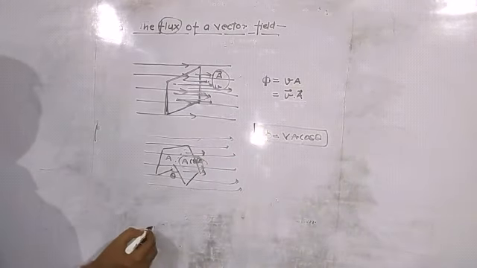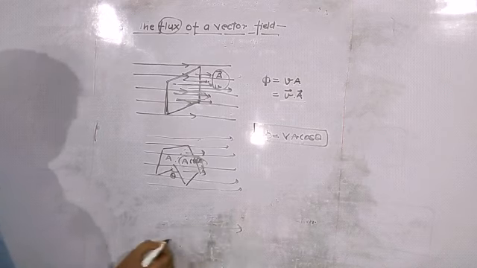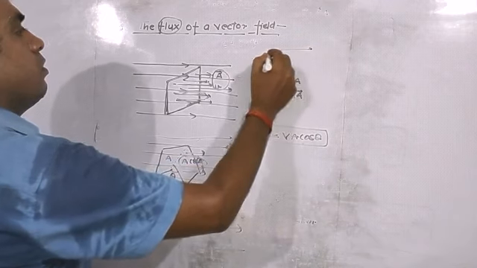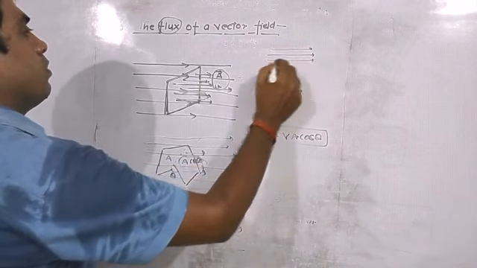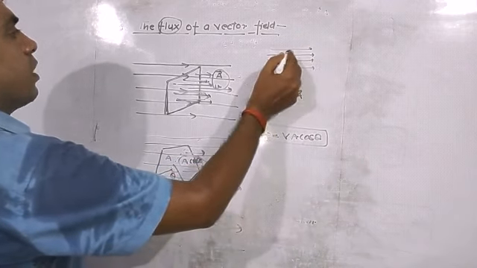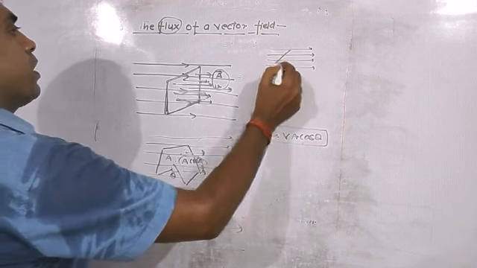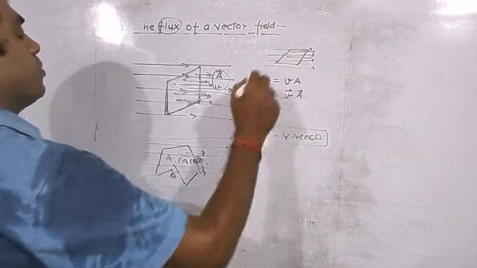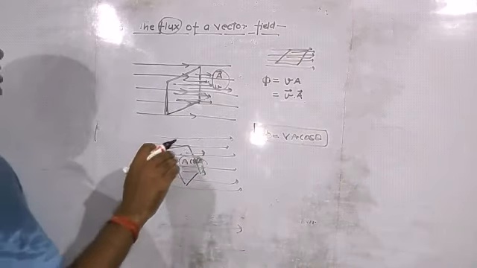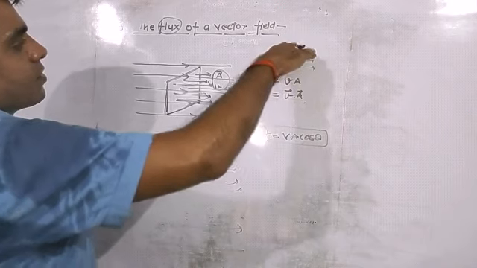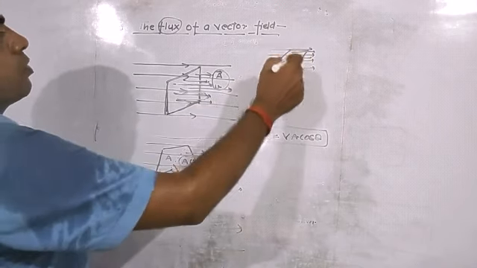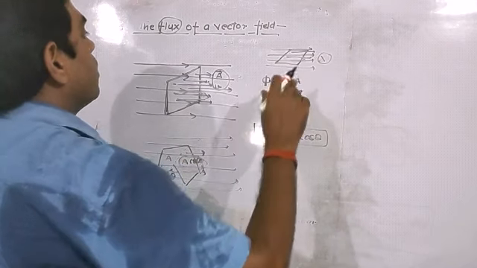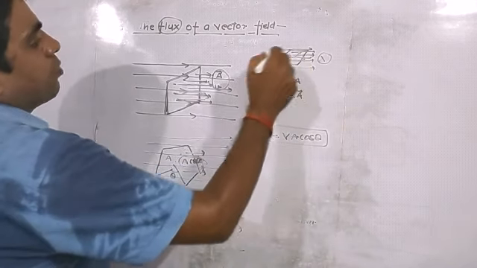In another case, if we place this square area just parallel to the flow of the vector or the flow of stream, we can see easily that there is no field line crossing through this particular area.